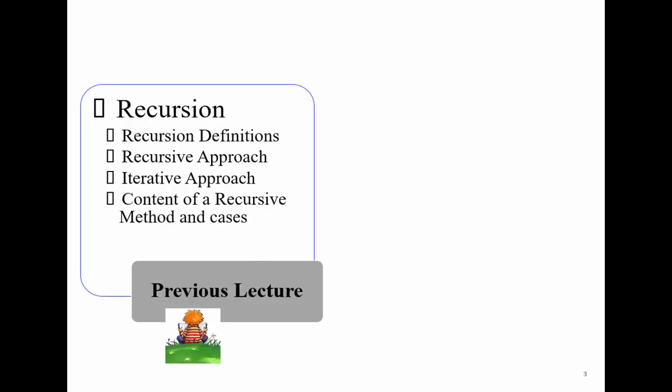Okay? So last time we started discussing recursion, one of the important topics for advanced Java object-oriented programming. We defined recursion, saw the iterative and recursive approaches to solve some problems, and traced many examples to find the answers.